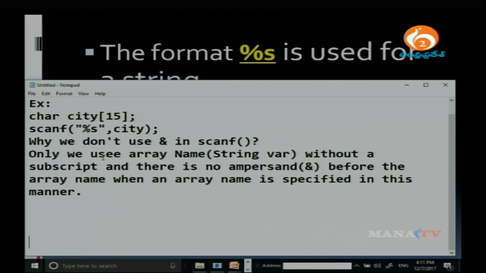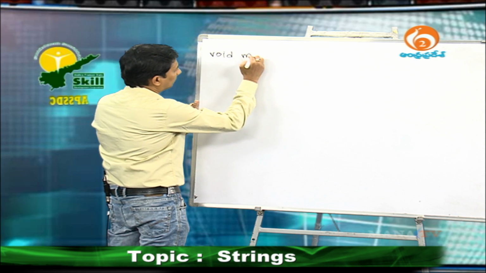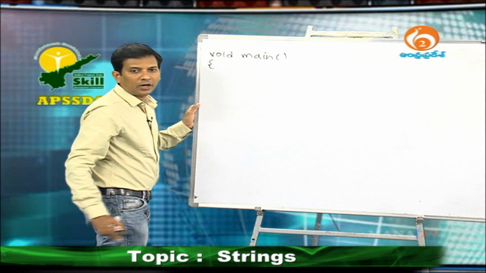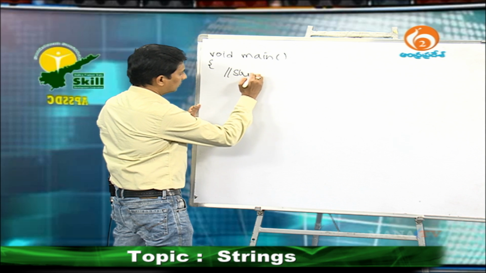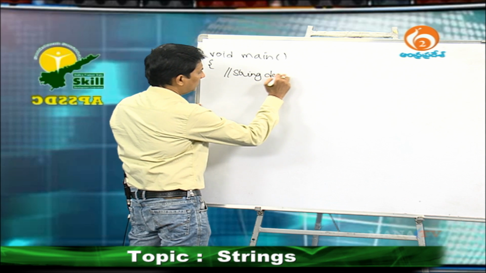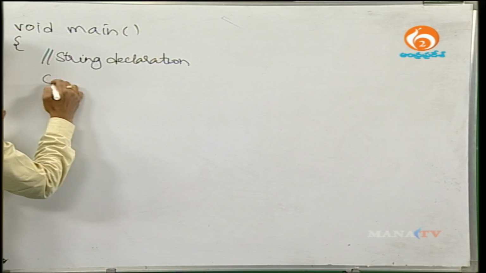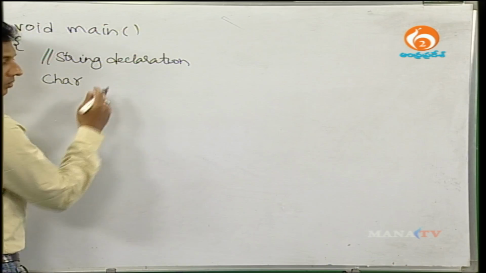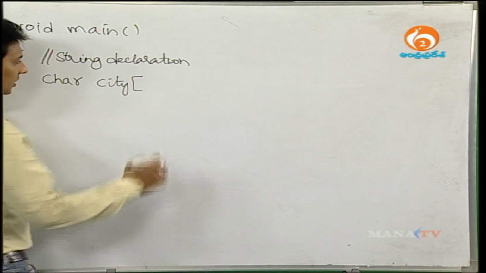Here I will write one example. void main, we have to declare the string declaration, that is char city, and we have to mention the size here.